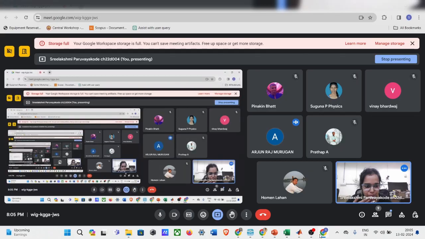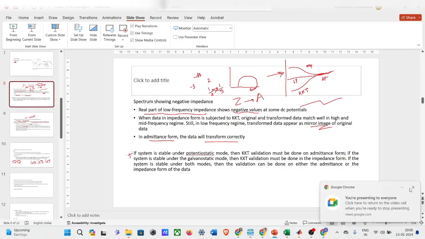Whether we have to add this resistance in parallel in the experiment?